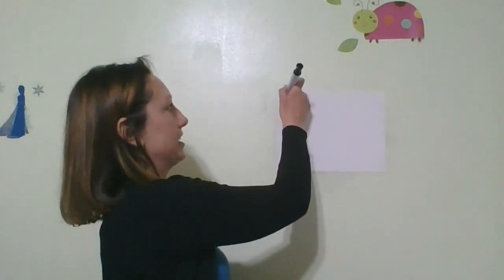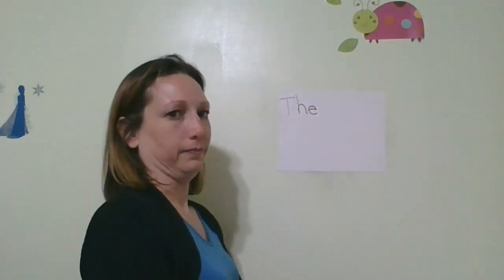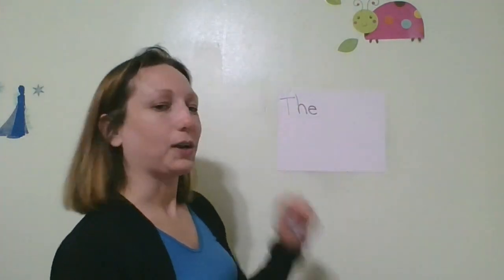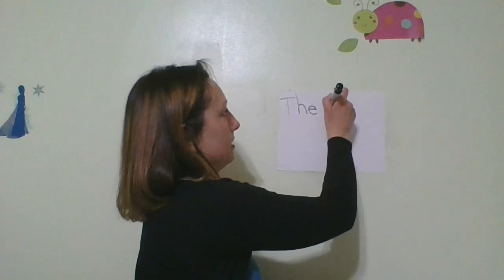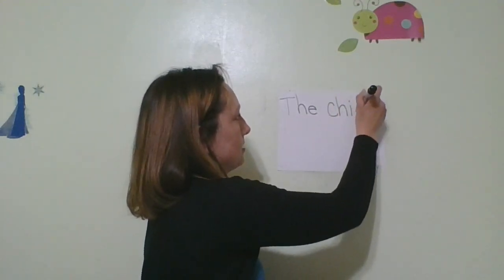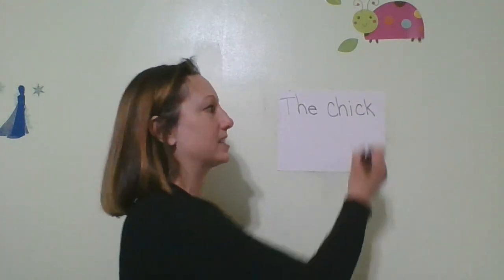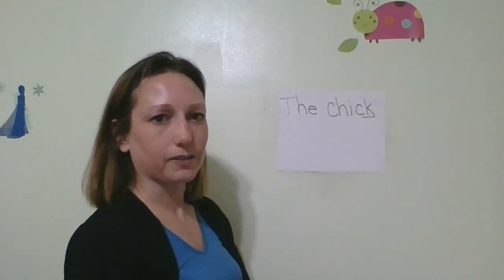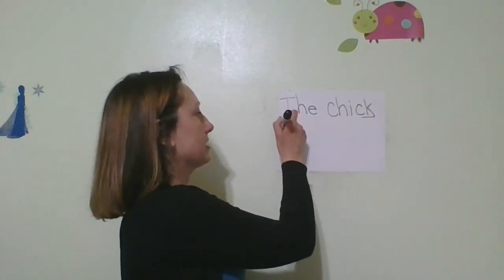Our first word is the. T-H-E, capital letter, because it's the first word in my sentence. The chick. C-H-I-K. My I is saying I, so I put the long spelling for k right after my short vowel. The chick likes.